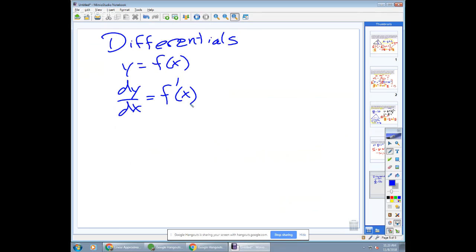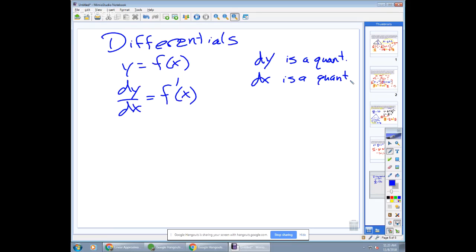And a while ago, we looked at the idea of separating the dy from the dx instead of looking at that as just this process we do, that they can be considered actual quantities. So dy is a quantity, and so is dx. So they're both measurable quantities is the way we're going to think about them here.